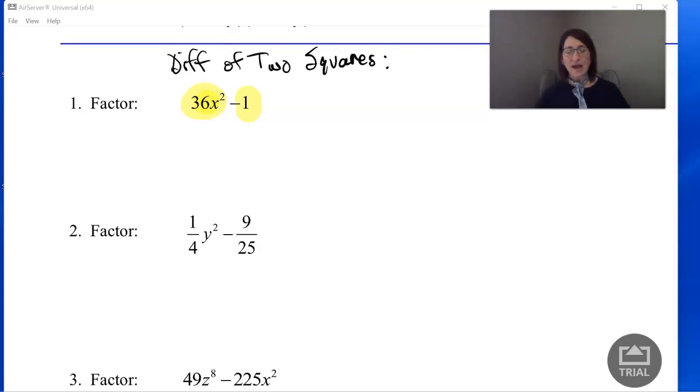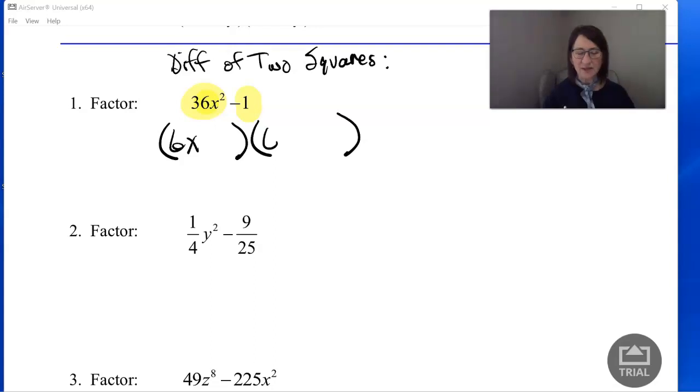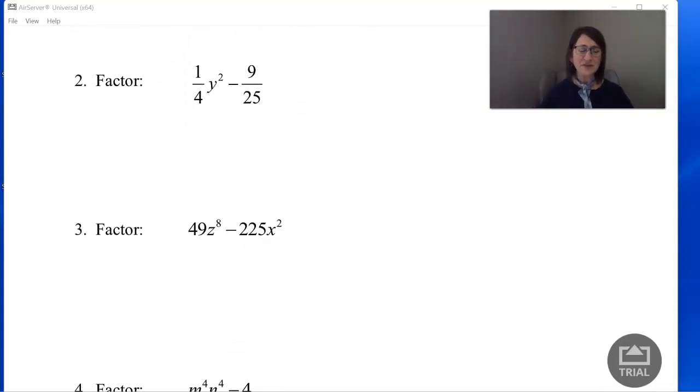So I'm going to be able to go directly to my two binomials. I take the square root of 36x squared. That's 6x. I put it on the front end of each of those binomials. I take the square root of 1, which is just 1. One of these is plus, the second one is minus. Done. Let's go ahead and look at this next one.